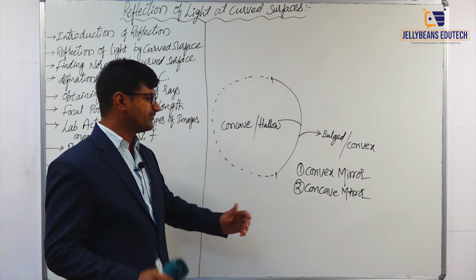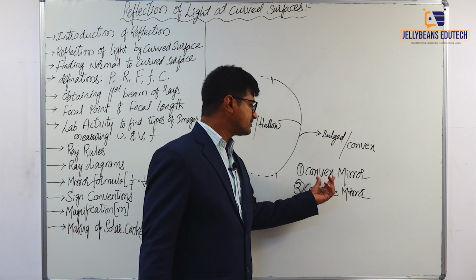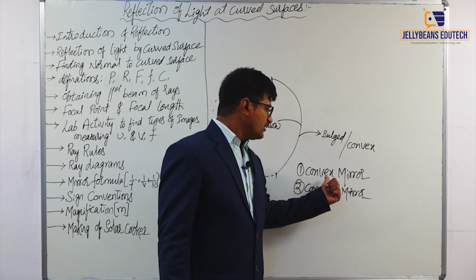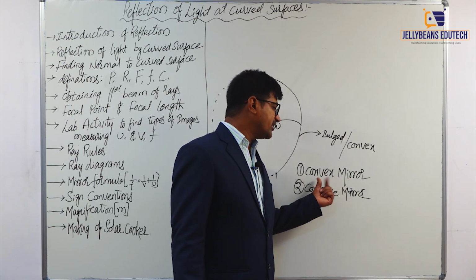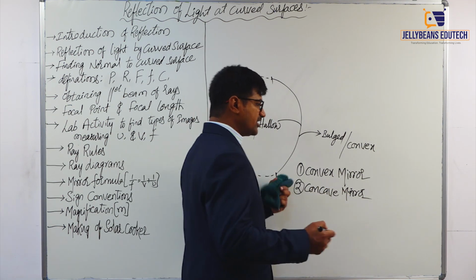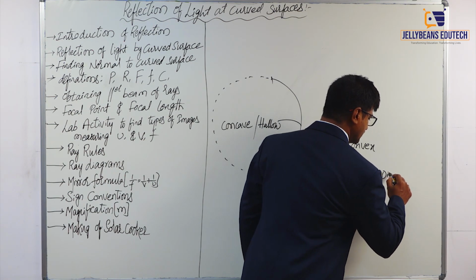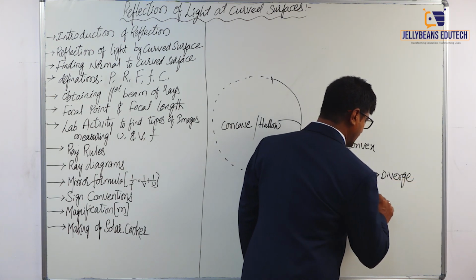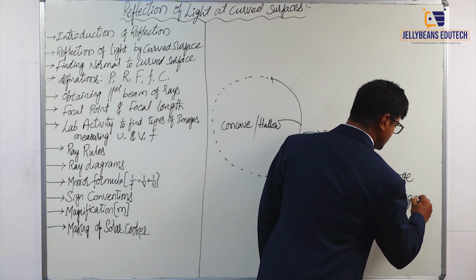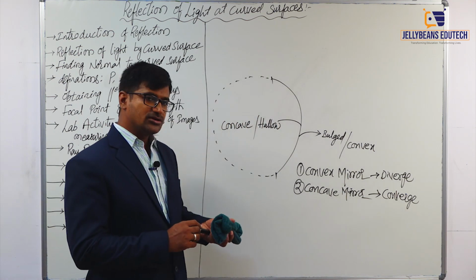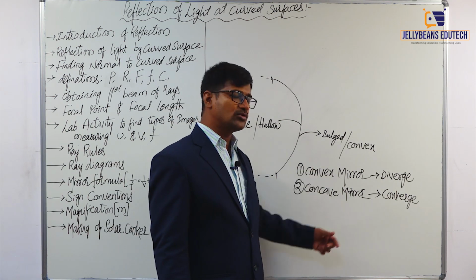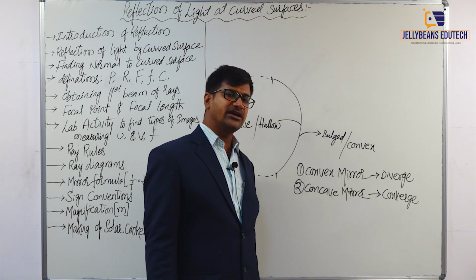Based upon some specifications we classified them. The convex mirror has the nature of diverging the light rays, and the concave mirror has the nature of converging the light rays. Based upon this converging and diverging nature, we classified them into two types, convex mirror and concave mirror.